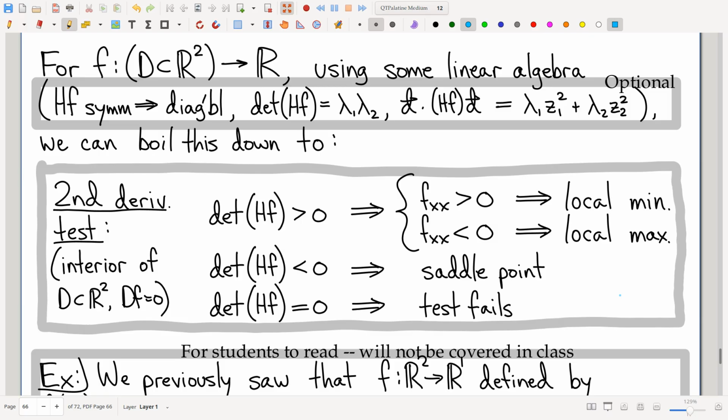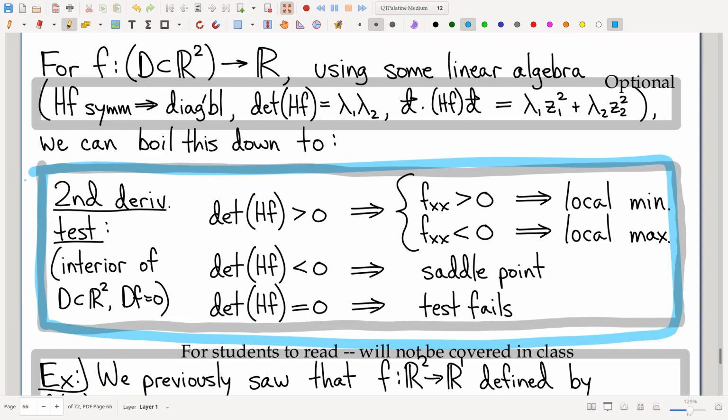But it does boil down to something that is easy to remember and serves as what we call the second derivative test. Now, this is for two variables, functions of two variables. It gets weirder when you have more than two variables. So you're only responsible in this class for functions of two variables.